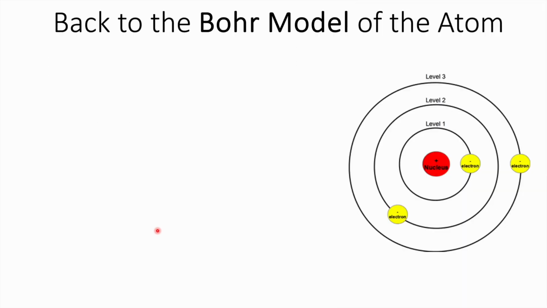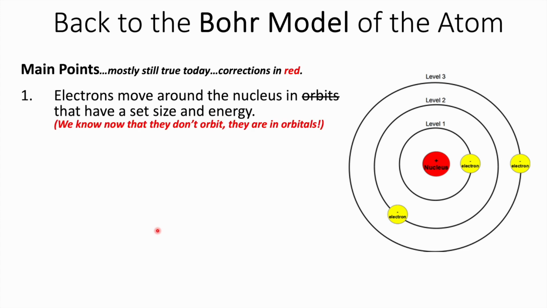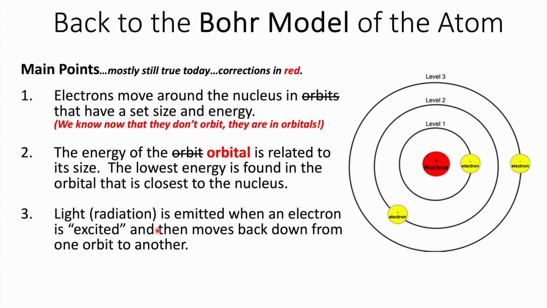So back to the Bohr model of the atom for a second. Here are the main points to the Bohr model. What's in black is mostly still true. Corrections are in red. So Bohr said electrons move around the nucleus in orbits. No. That have a set size and energy. Yes, they do have a size and energy, but they don't orbit.